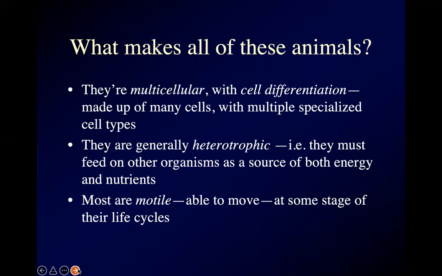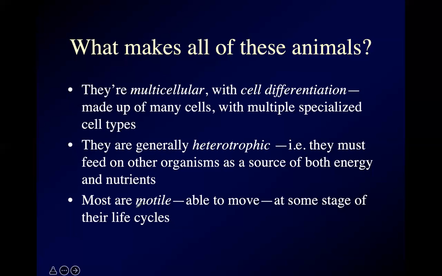Animals are generally heterotrophic, meaning that to get both energy and the molecules that they need to build their own bodies, the molecules that they need to run their metabolism, they have to eat other living things. So yeah, most animals eat. They're heterotrophs.